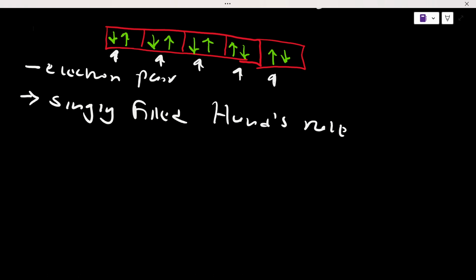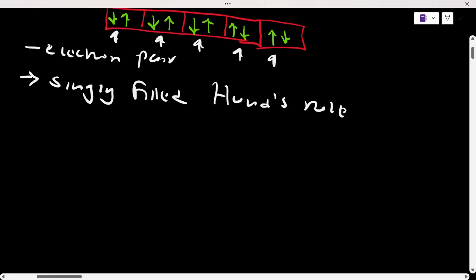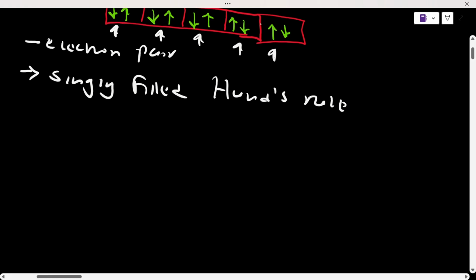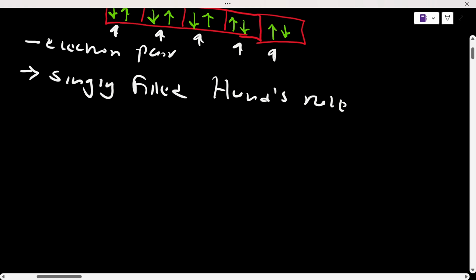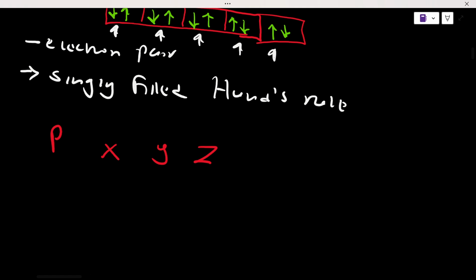So to know the shapes, the key thing that you have to know, initially we said that p orbitals, sorry, let me use a different color so that you can see. The p orbitals had x, y, and z. Even the d orbitals follow this principle.